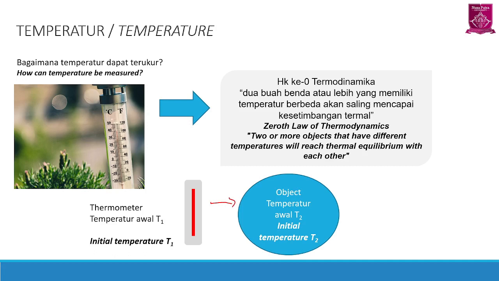adapt to the object. So the scale in the thermometer will rise up if the object is hot, or if the object is cold, the scale of the thermometer will go lower, because there are different temperatures of these two objects, the thermometer and the object that we will measure.